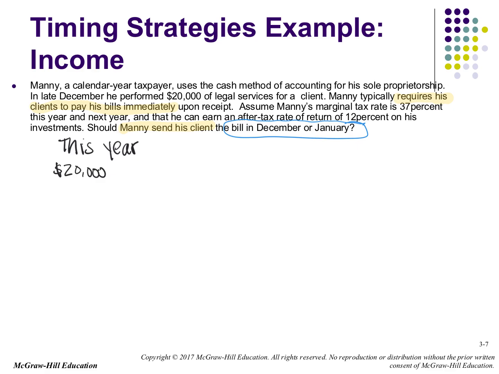And the fact pattern mentions that his tax rate is 37% this year and next year. So if we multiply that by 37%, that will get us $7,400 in tax.